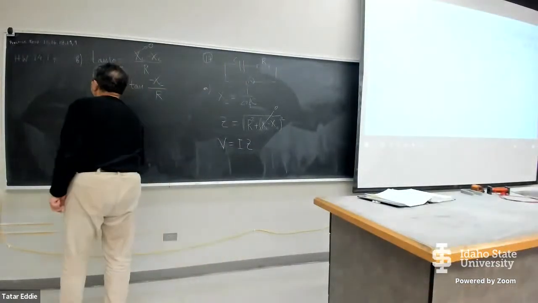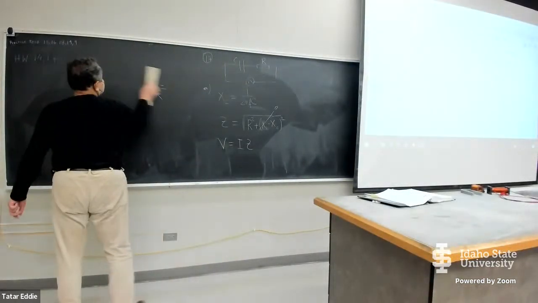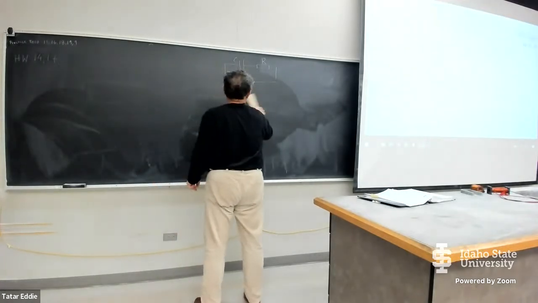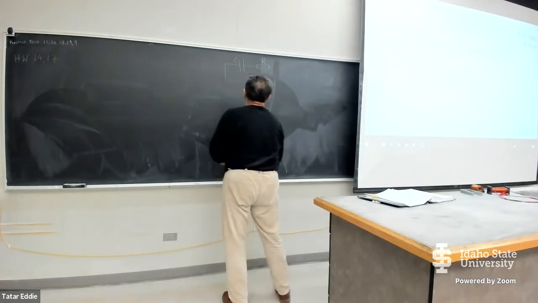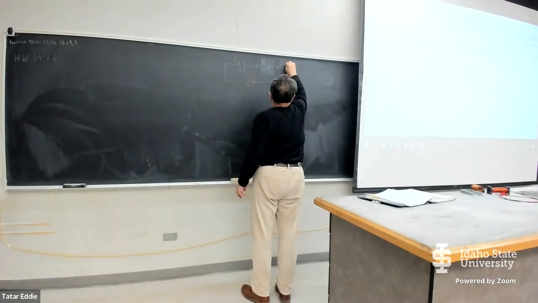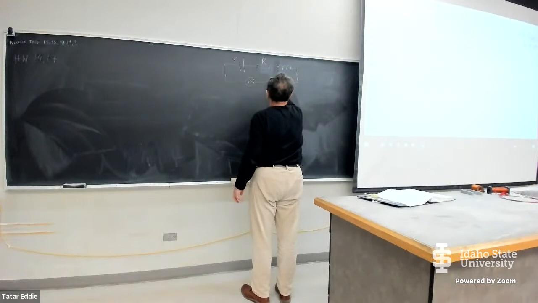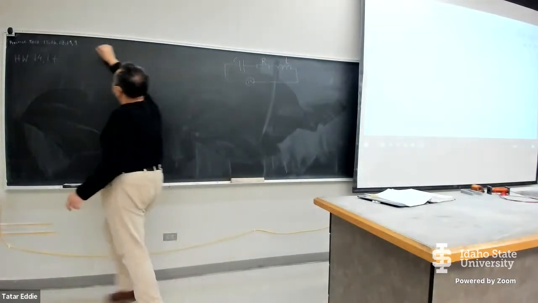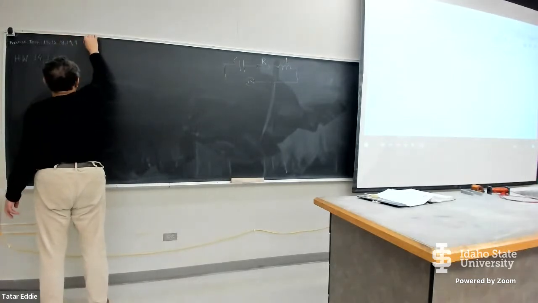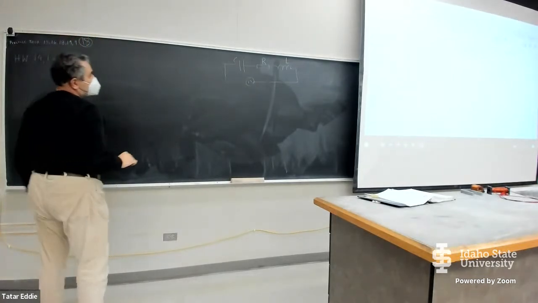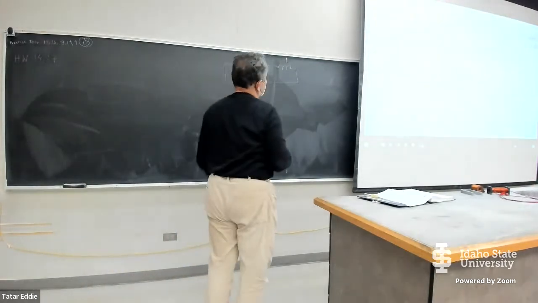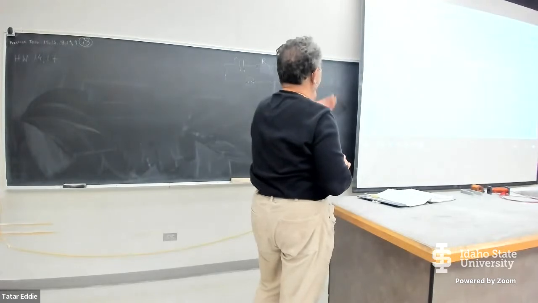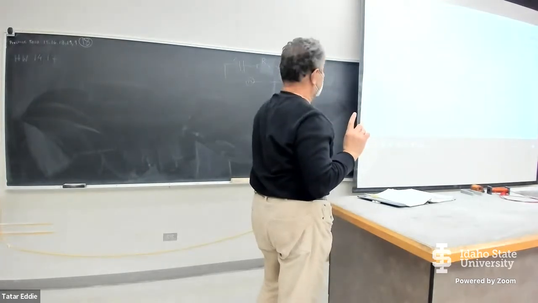Okay, so problem 18. So here is the diagram with inductor L here. Let's see. You have the value of each of the circuit elements, you have the frequency, you have the RMS voltage.